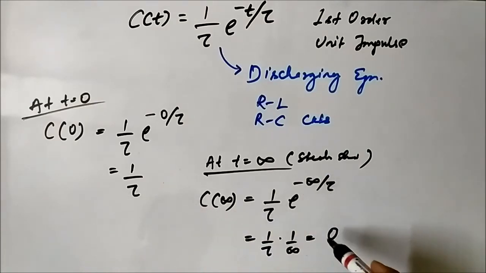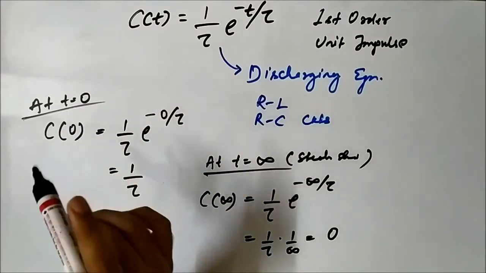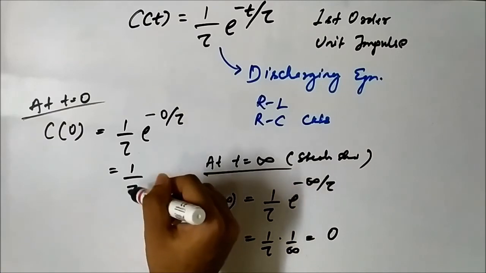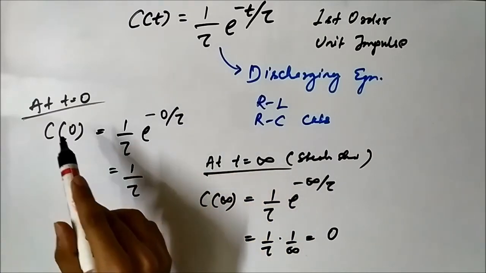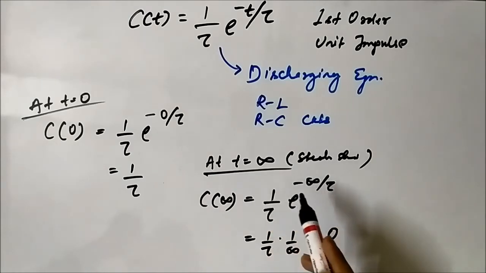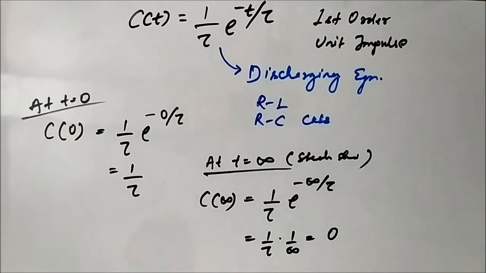So at t equals infinity the output value is 0, and at t equals 0, at the start, it is 1/τ. So it has a maximum value at t equals 0 and a minimum value, which is 0, at the steady state. So it is a standard discharging equation.